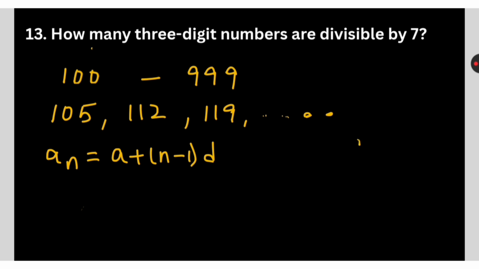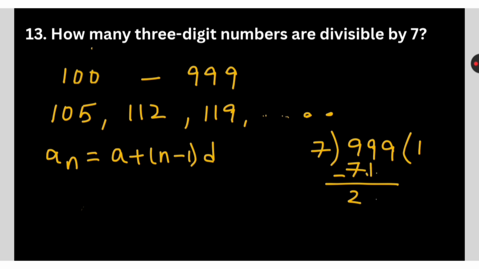So this 999, let's divide by 7. 7 ones are 7. Then we get 2. Then bring down this 9. 7 fours are 28. After subtracting, we get 1. Then bring down this 9. So here 19. 7 twos are 14, 7 threes are 21. That means this 19 is not completely divisible.